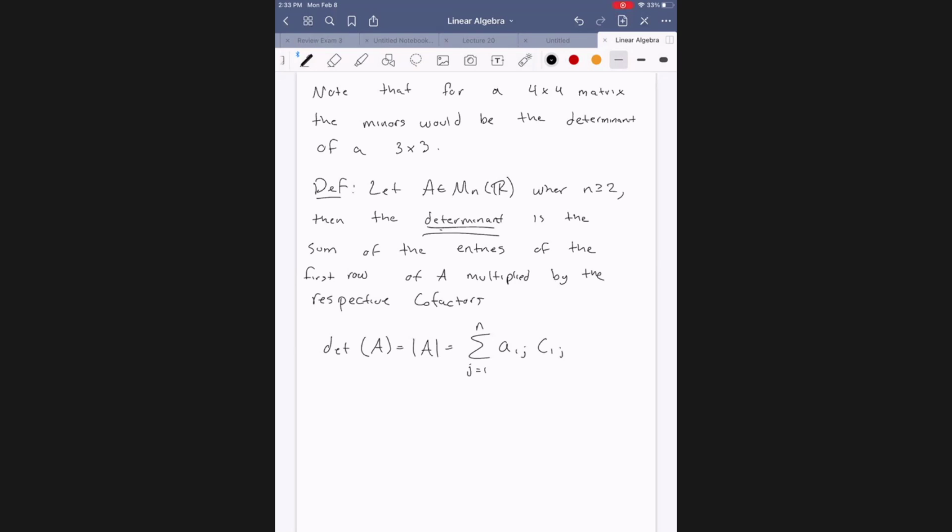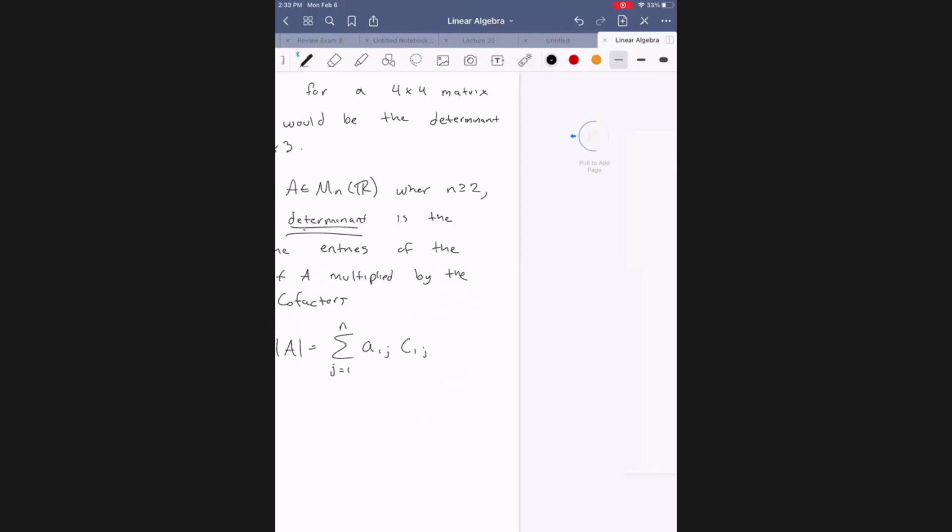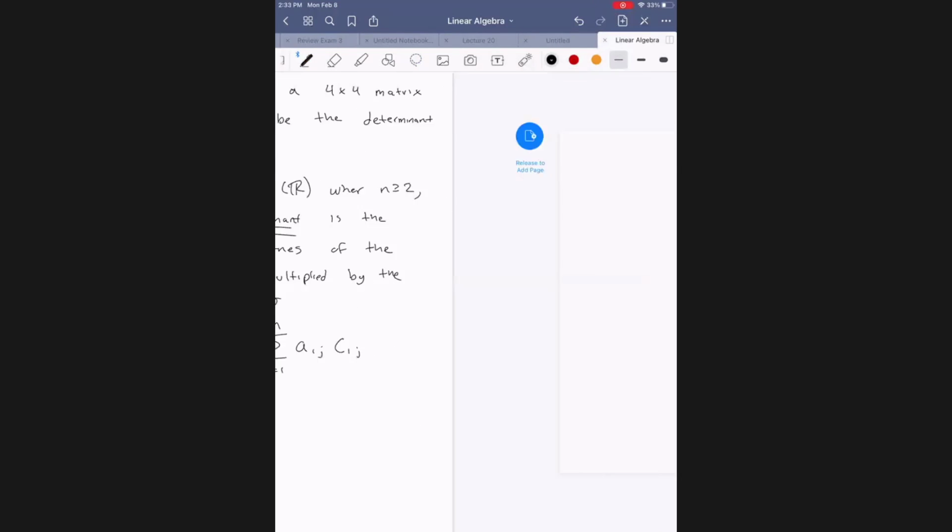All right, so let us do 2 examples. We're going to do one example just using this definition, and then another one where I can show you how to keep track of the signs in an easy way. So let's do example 3.12.